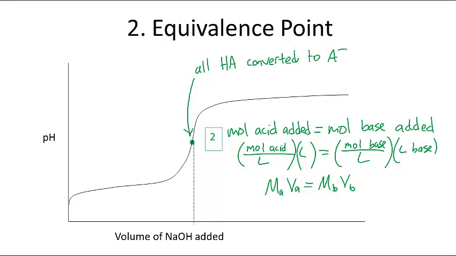And when I say all, remember at equilibrium we can't really have a zero. So there is still a tiny percentage that's HA. So I guess I could say almost all. But the amount of HA that's left is pretty much negligible.